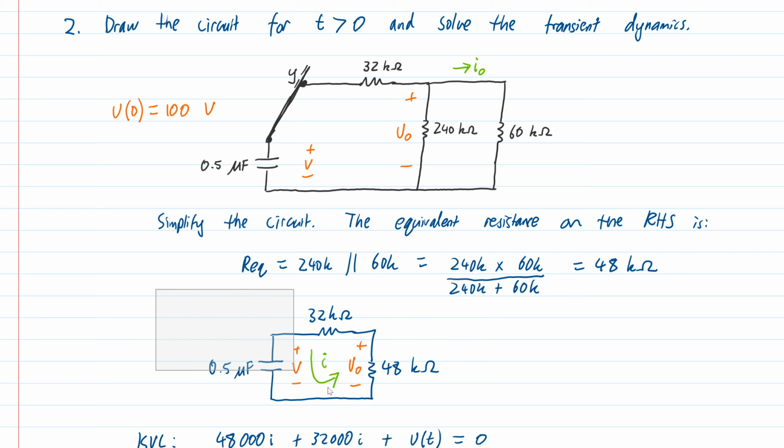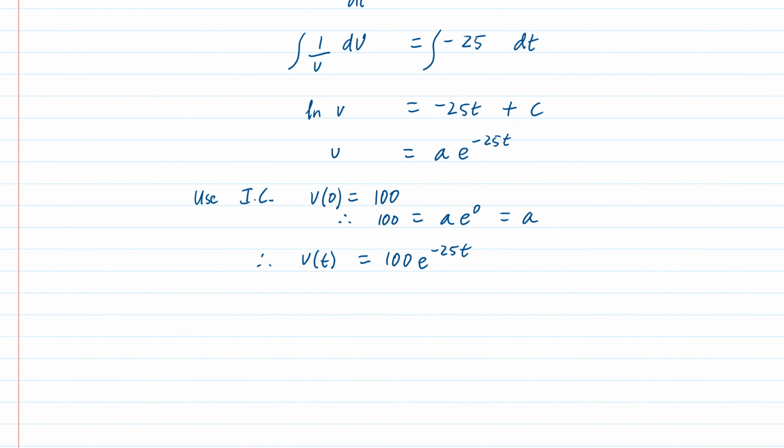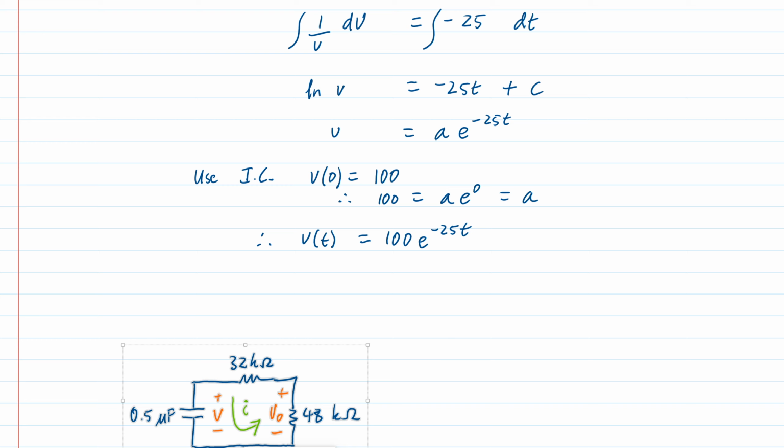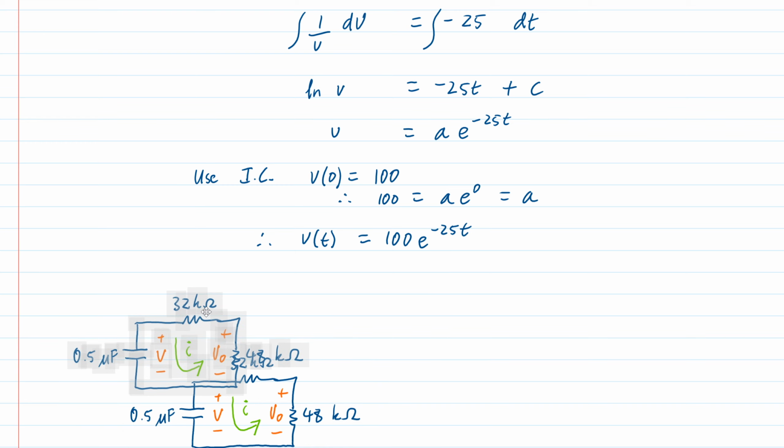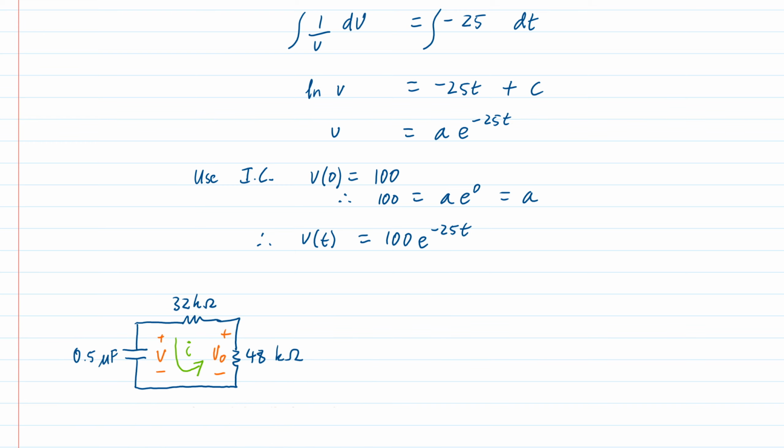So let me just copy this one down so you can see what I'm doing, and we'll solve for that one. So this was my final answer for the voltage on the capacitor. Then to find what they call V0 of t, use voltage division.